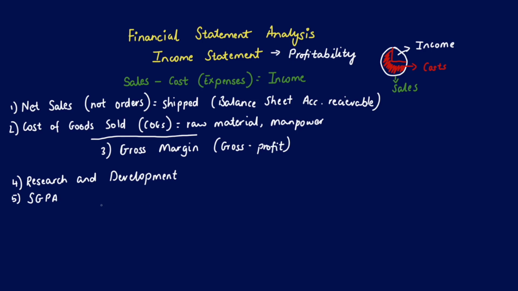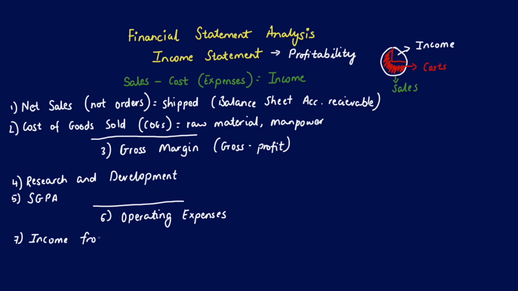These are expenses that are not directly linked to building your product, but are costs associated with having to sell your product. Things like marketing and research, you don't really need to build your product, but they're expenses nonetheless. The key thing to keep in mind is that anything associated with building a product would be a cost, and anything that's not would be an expense. Once you've added these two, you get the operating expenses. So keep in mind, expenses and costs are not the same thing. Costs are anything that goes directly into making a product.